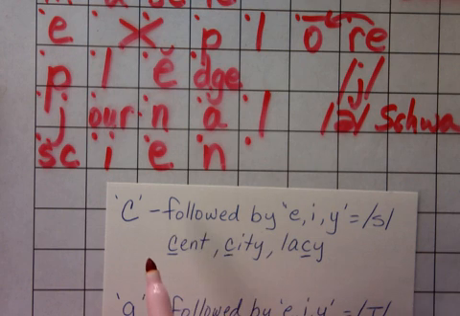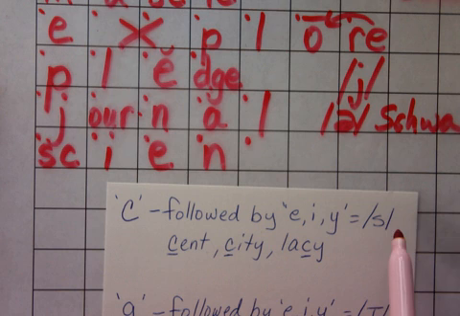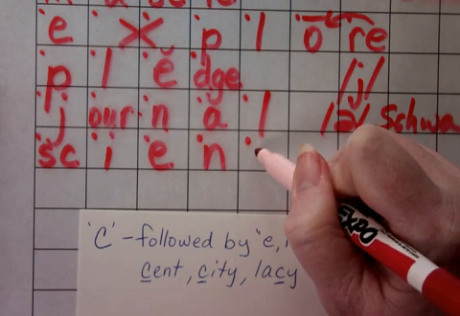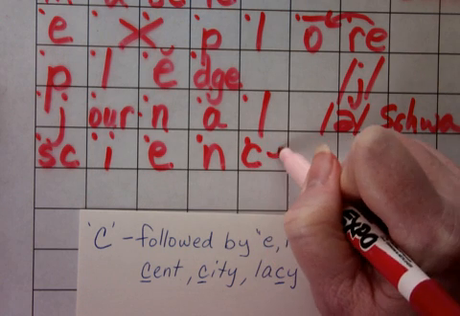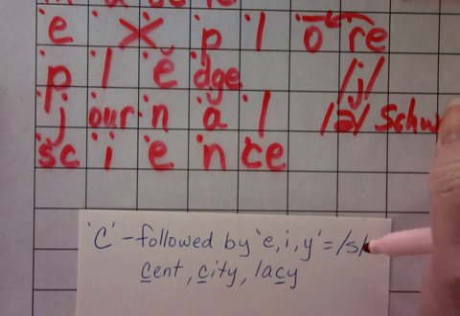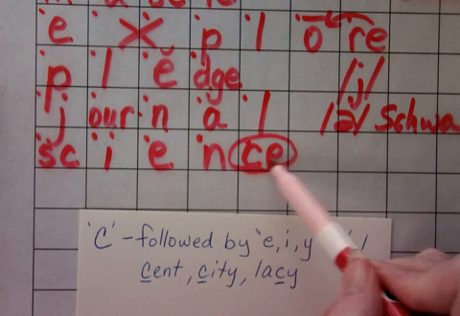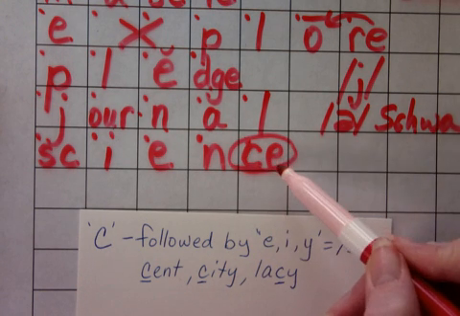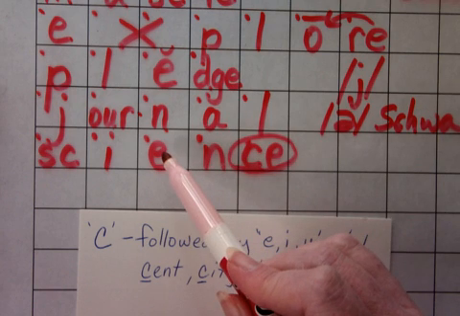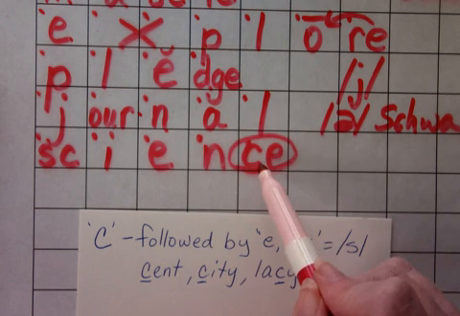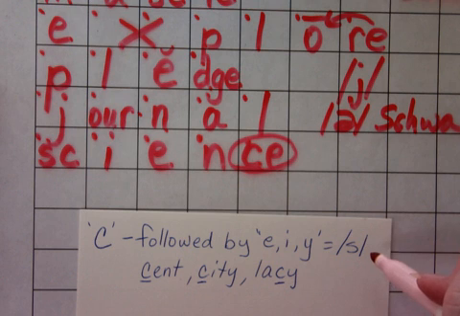A C followed by an E, I, or Y will say the S sound. So science, the C followed by the E is going to say S. So let's circle those so that you remember that that is why that E is there. It's not to influence anything before it. It is to make the C say the S sound.